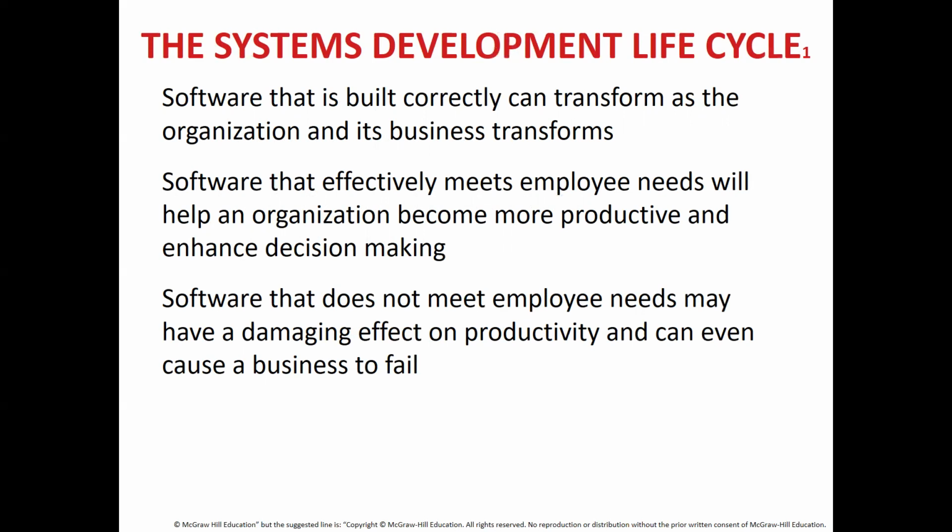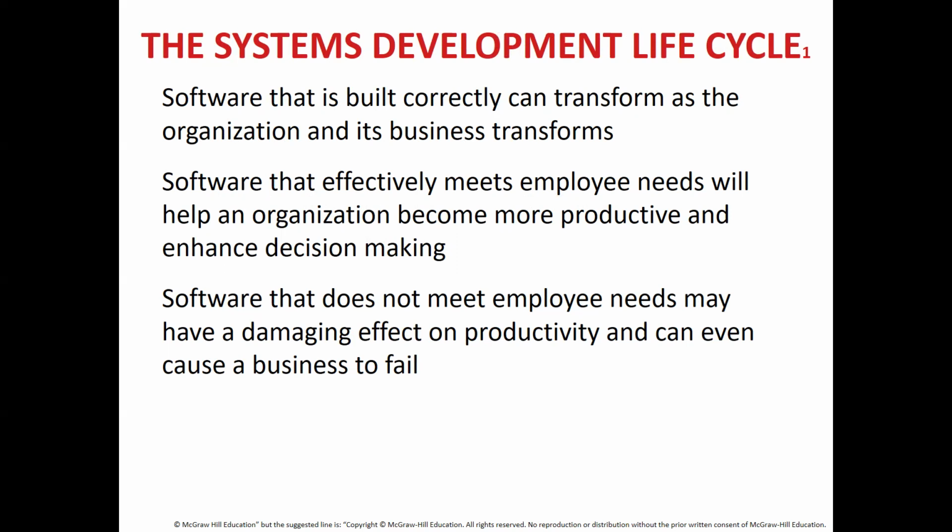Software that does not meet employee needs may have a damaging effect on productivity and can even cause a business to fail. Now, the word software generally refers to any form of computer applications that are used in business. So most likely we are looking at enterprise resource planning, supply chain management, and customer relationship management based applications.